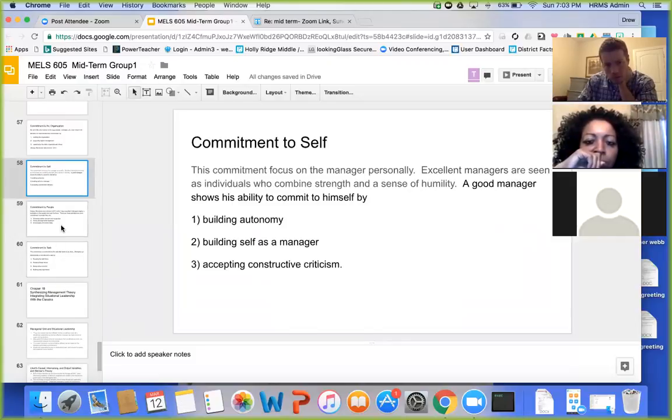And then accepting constructive criticism, we look at when you have criticism, someone telling you what you're not doing right, it is just enabling you to become better in what you're doing, and you're able to admit to your mistakes, and then you avoid taking offense to those things that they're telling you. Next slide.